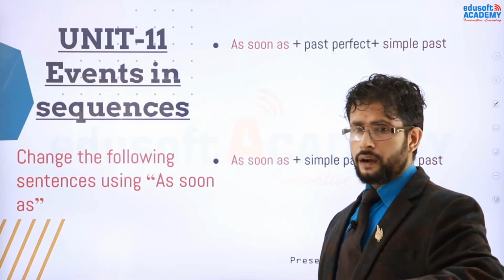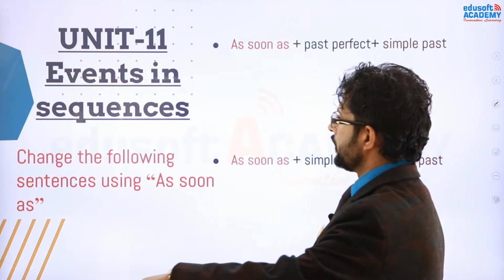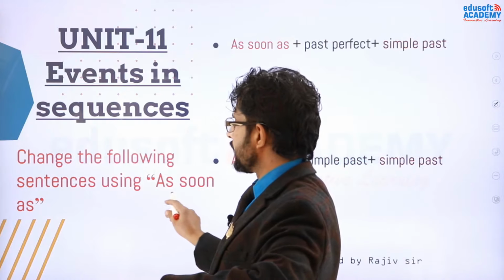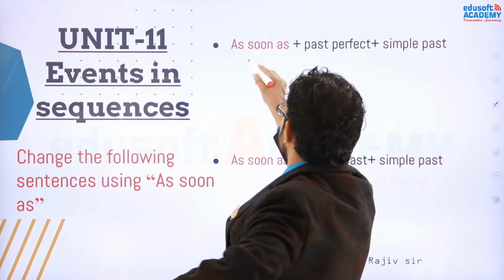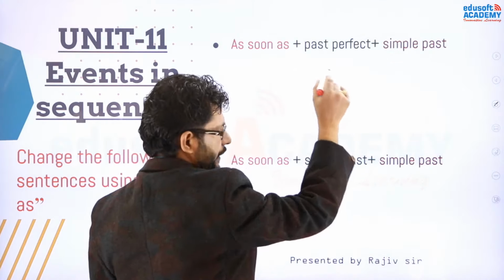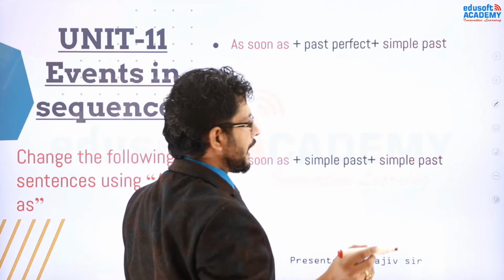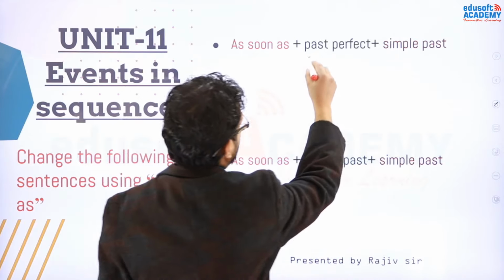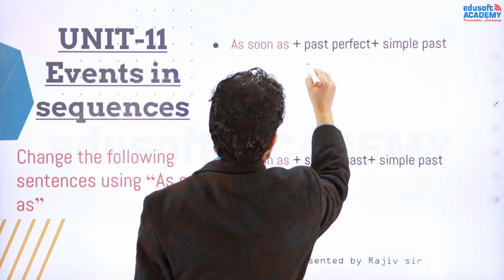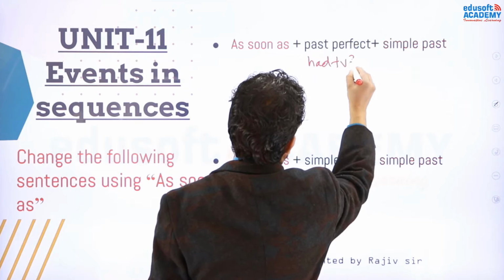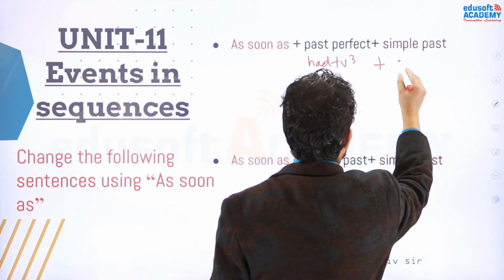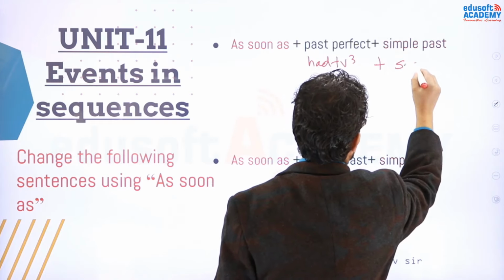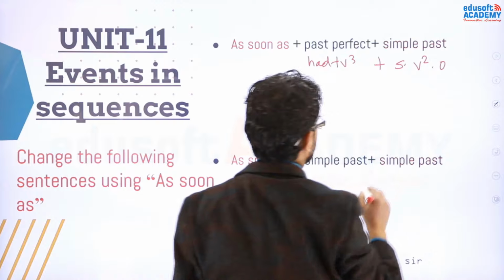Likewise, you will also be asked another question: change the following sentence using as soon as. The structure is the same, students. See, the sentence begins with as soon as, and it can be followed by had plus verb 3, or simple past. The second sentence can be subject plus verb 2 plus object.